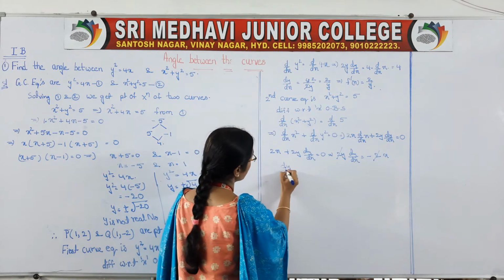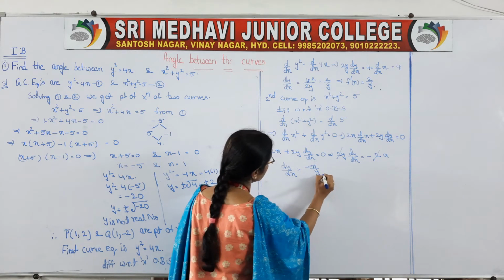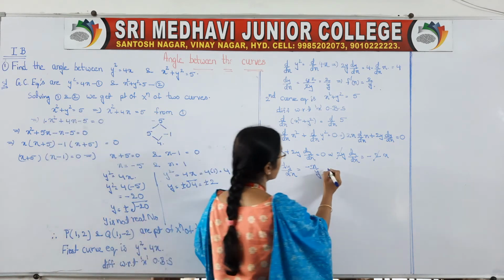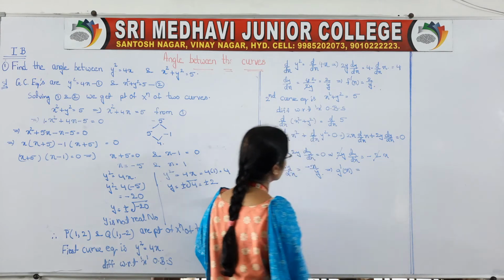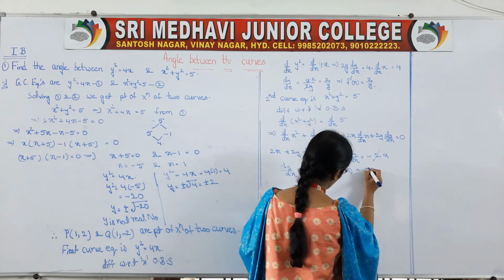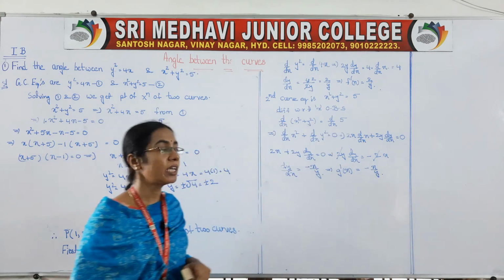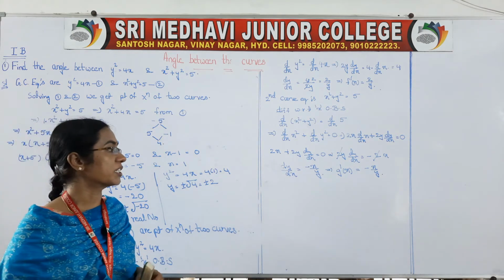So it is dy by dx is equal to minus x by y. Okay, so what is this? This is your g dash x. So g dash x is equal to minus x by y. Okay, so we got the derivatives of two curve equations.